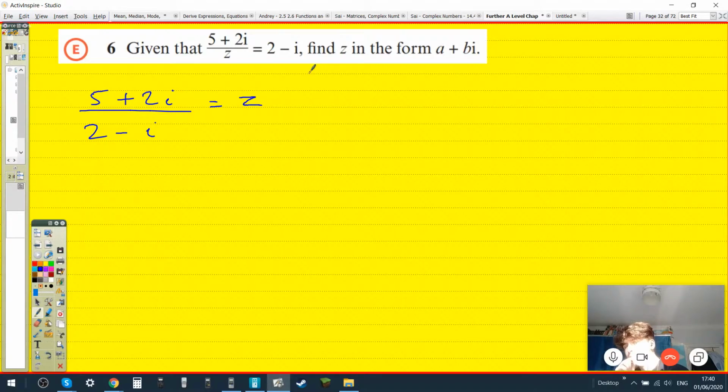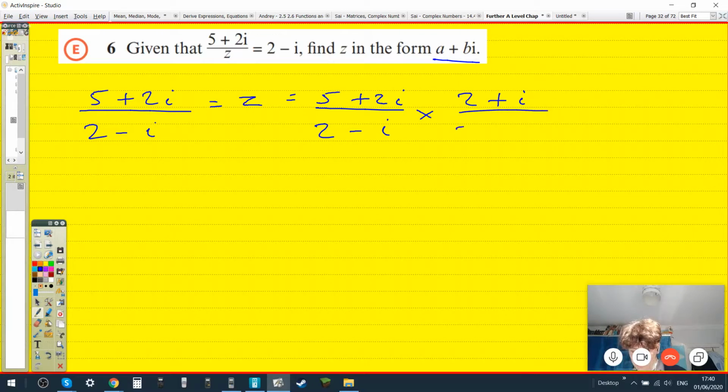And then we need to put it in this form. Yep. So we need to do what we did in the last example. So 5 plus 2i over 2 minus i times 2 plus i over 2 plus i. So that gets you 4 minus 1 on the bottom? Plus 1. 4 plus 1.